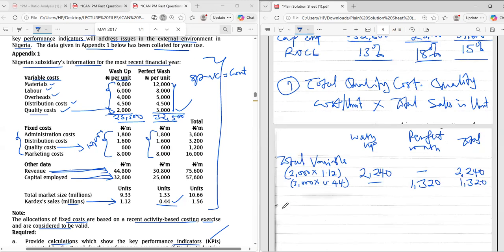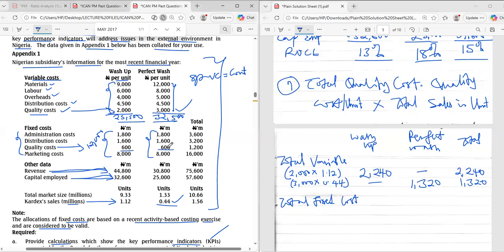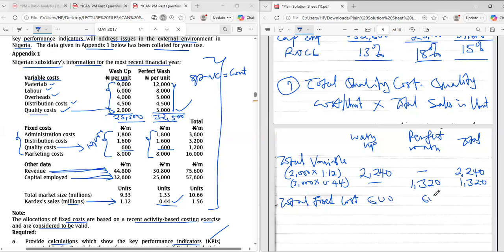Okay, so we've done the variable part. Let's do the fixed part. So the total fixed cost, what did they say about it? 600. So there's no need to multiply. 600. So please add them together.